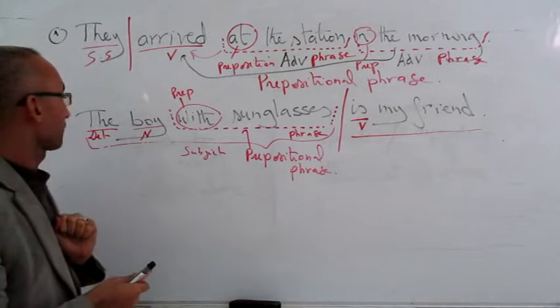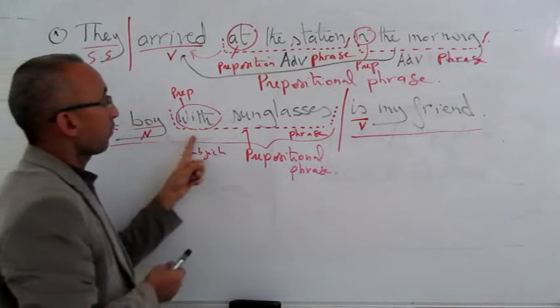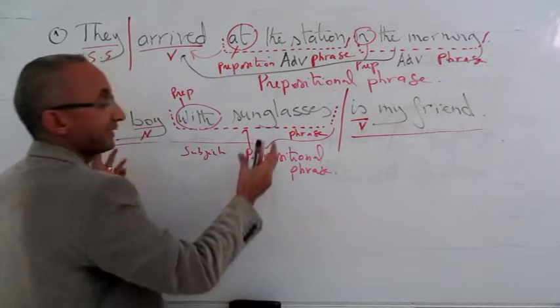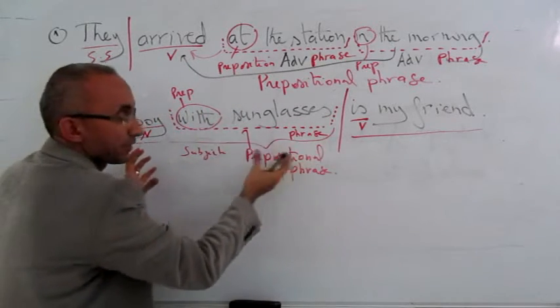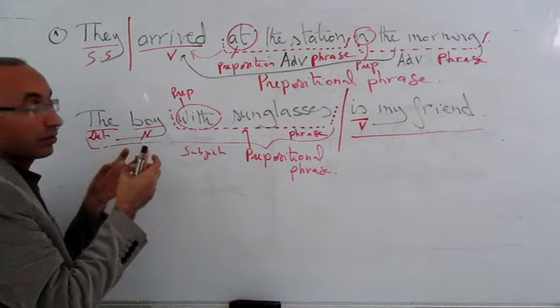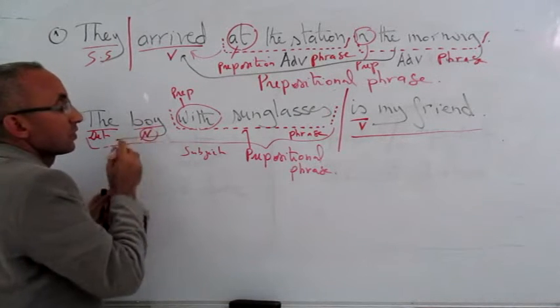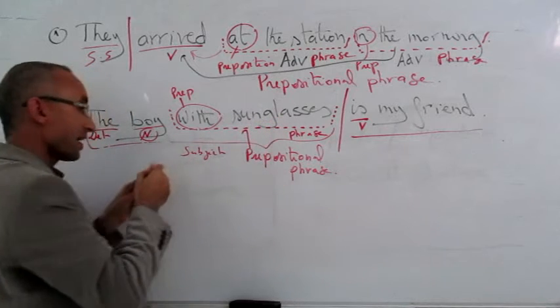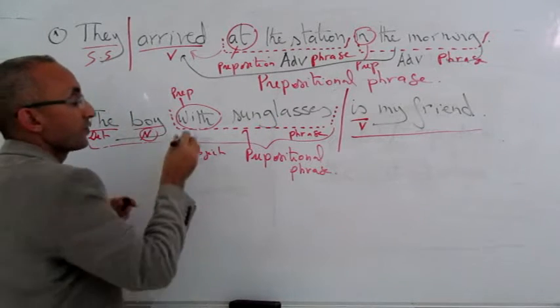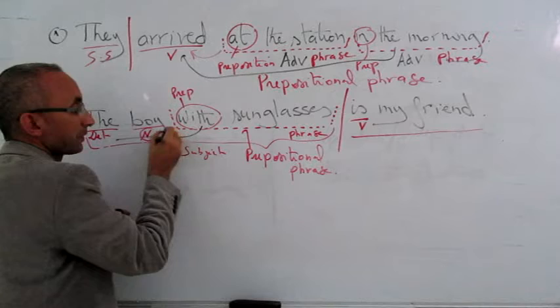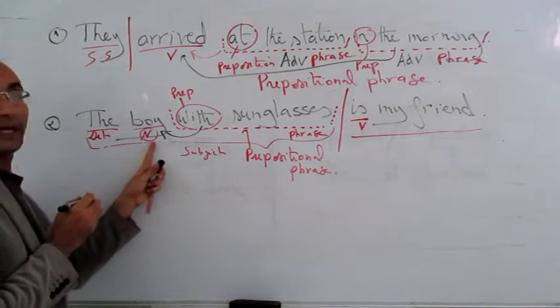Let's see our example. The boy with sunglasses. Here I am still in my subject, whose central part is the noun. Who is with sunglasses? This phrase refers to a noun, the noun boy.